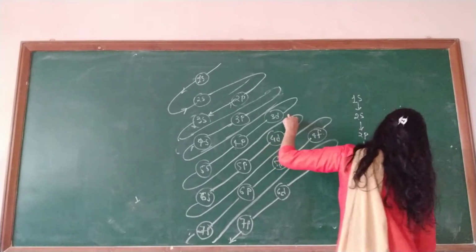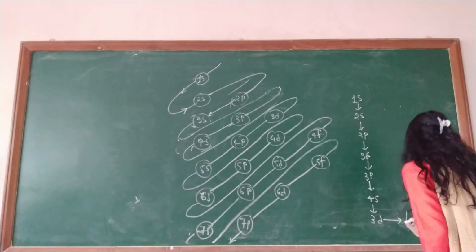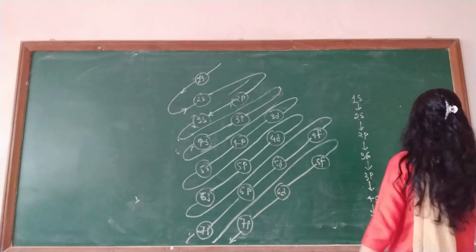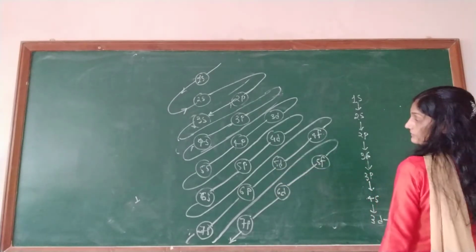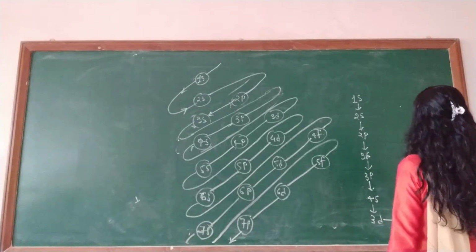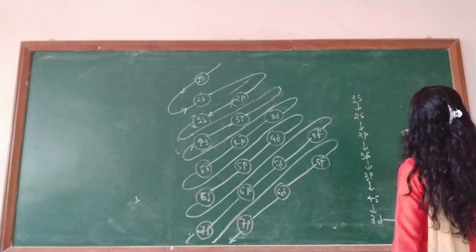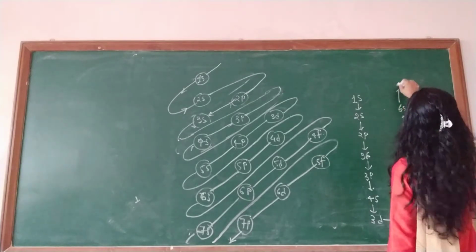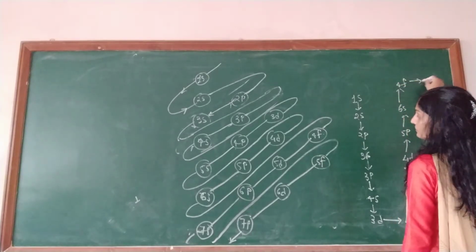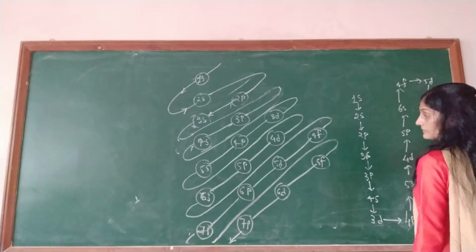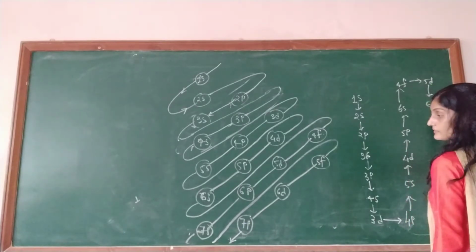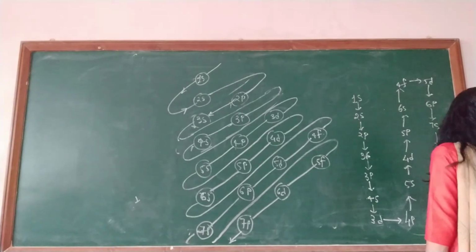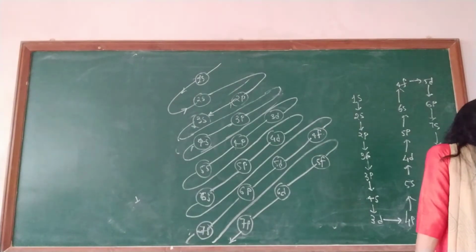Then 4p, 4p के बाद हो जाएंगे 5s. Then 4d, you can write from the diagram. Then 5p, then 6s, then 4f, then 5d, then 6p, then 7s, 5f, 6d and 7p.